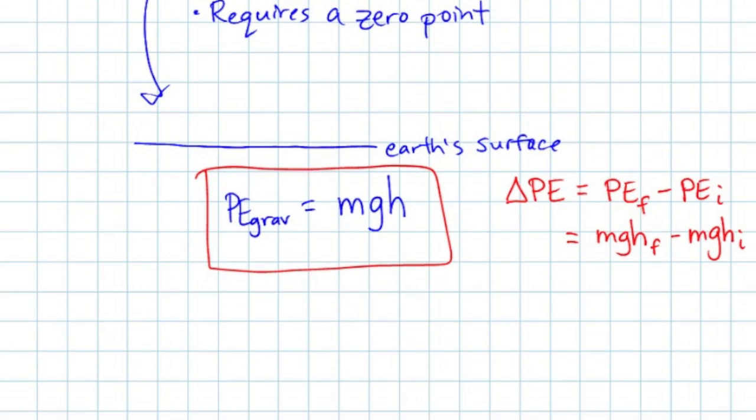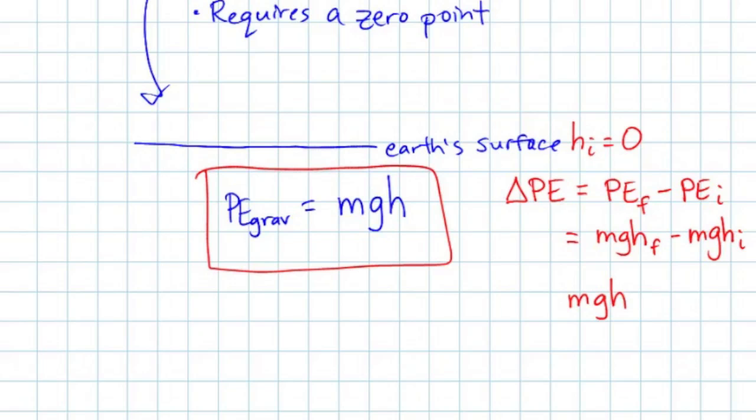All right, but if we're clever, we can say that the initial height is 0, and so when an object's potential energy changes, it's simply equal to mass times gravity times its new or final height. So that's a little bit of a trick.